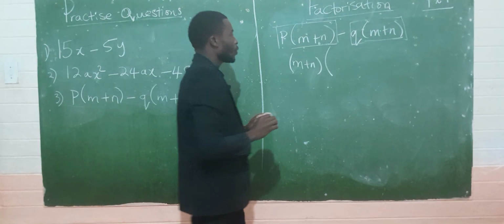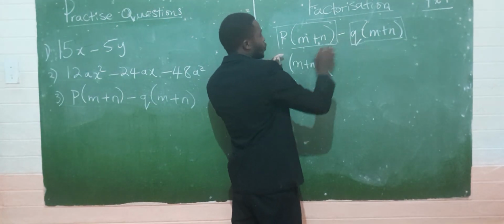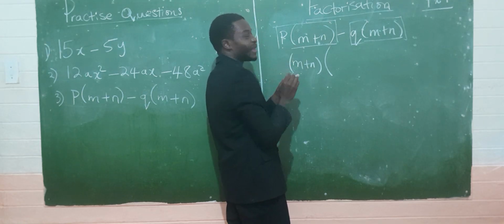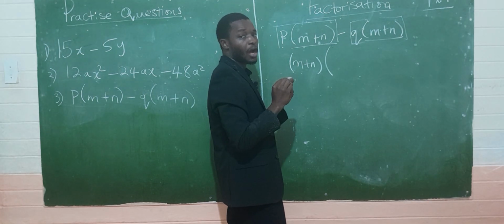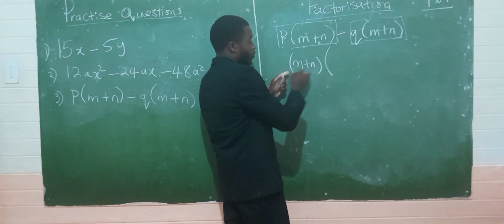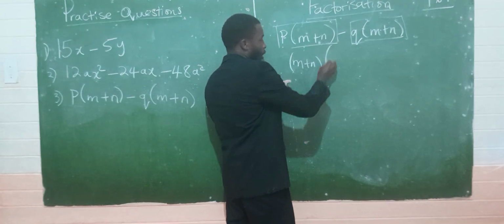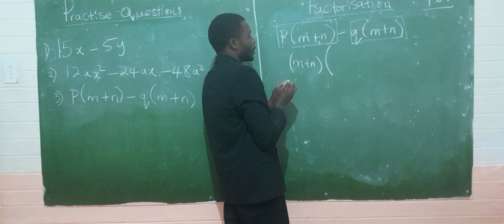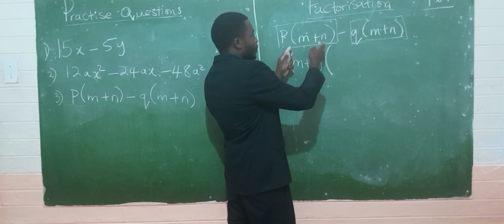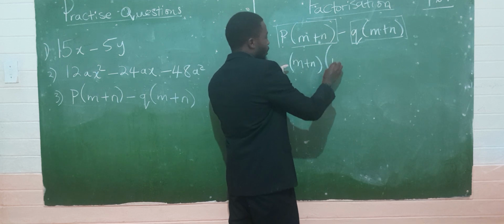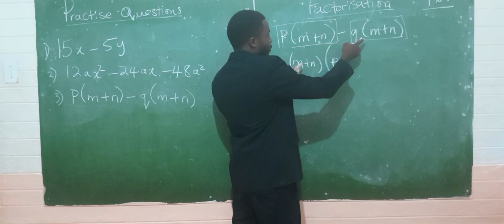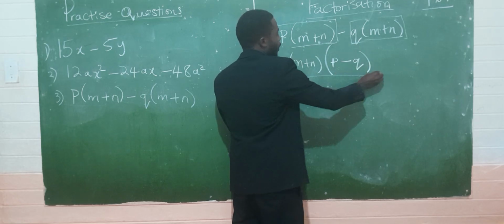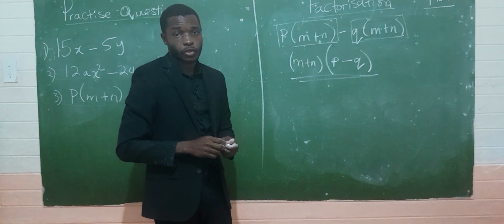In other words, what is common in these two is actually m plus n. Therefore, that is going to be our highest common factor. That's why I took it out, and when I was done, I then opened the bracket. That means I can divide this into that, and of course I'll remain with p, and I'll divide this into that, and of course I'll remain with q, and boom, I have factorized the expression.